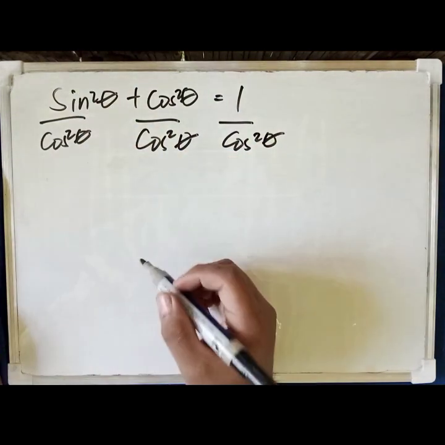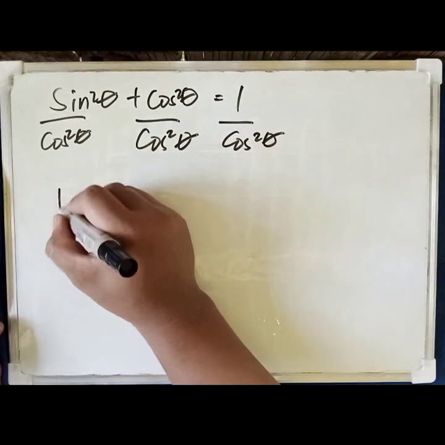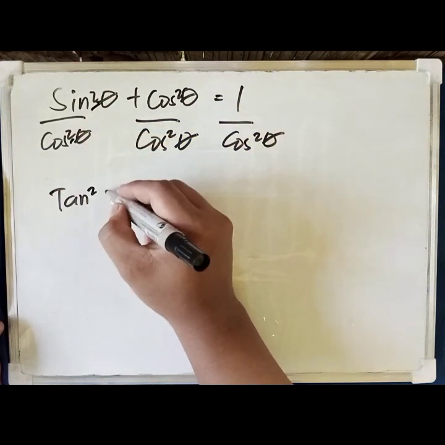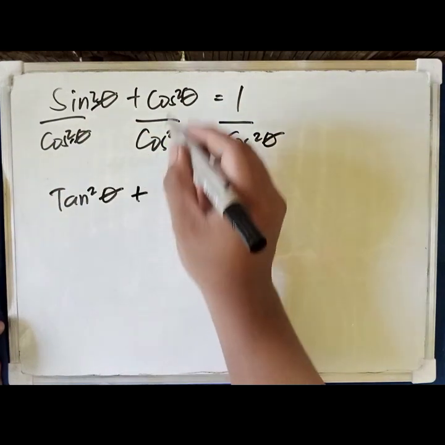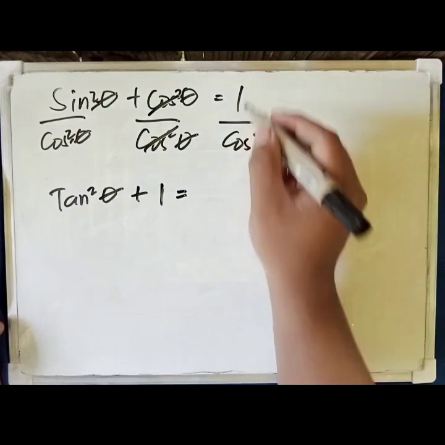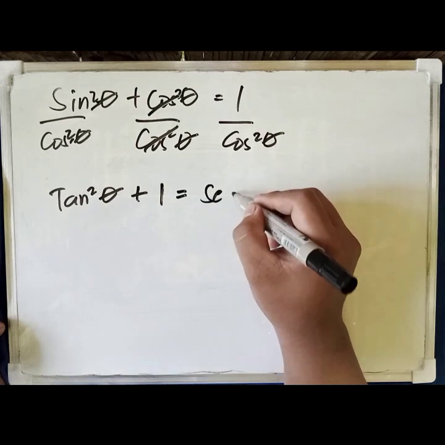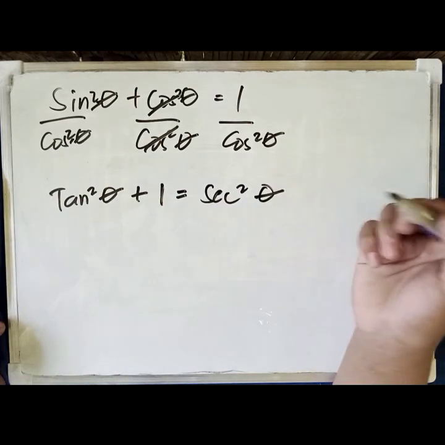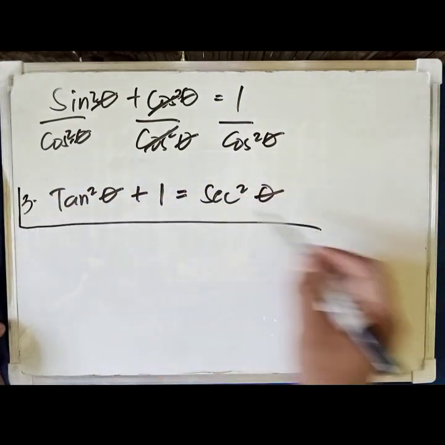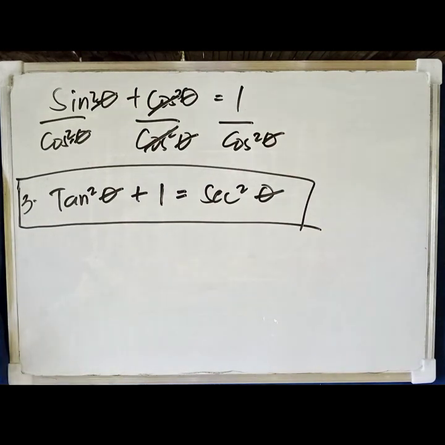So sine squared theta over cosine squared theta is the quotient identity for tangent squared theta. Then cosine squared over cosine squared is just equal to 1. Then 1 over cosine squared theta is the reciprocal identity for secant squared theta. So here is the third Pythagorean identity.